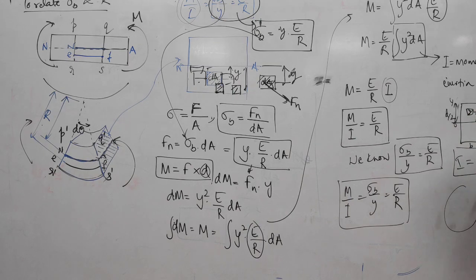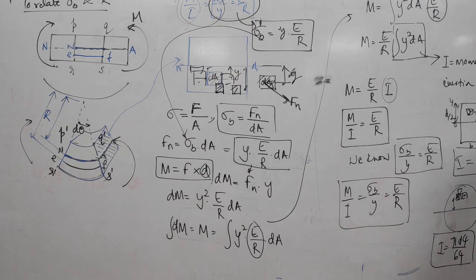If you try to do this integration of y square dA for circular sections, for every element, y square into area, if you try to do it through integration, you get I for circular sections as pi d to the power of 4 divided by 64.